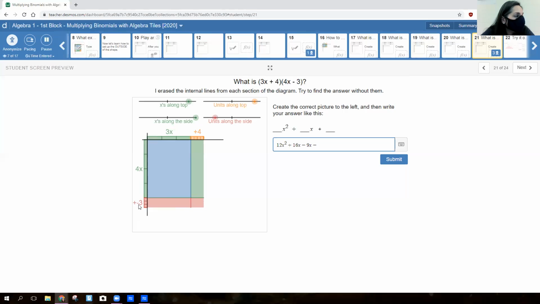This would be negative 3 times 4 to get this, which is negative 3 times 4 is not 16. We got to change that. Negative 3 times 4 is going to be minus 12. Okay, so you could simplify that.